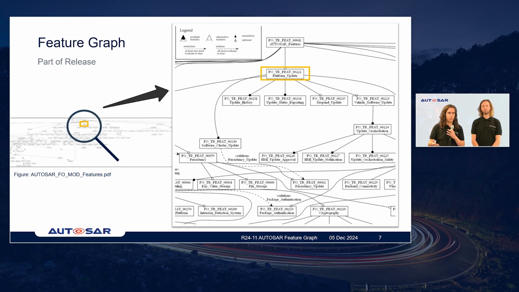It's vector graphics, so you can zoom in without losing resolution and just browse over the graph, and you see all the dependencies between the features. You can navigate from one feature to the next one, and it's just another means for browsing what's in the feature graph currently.